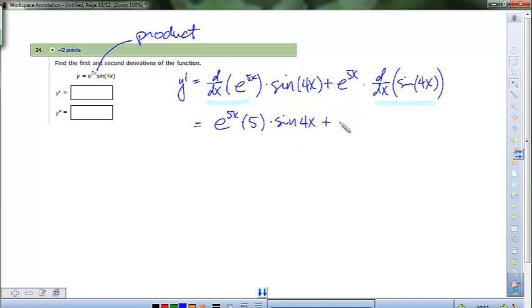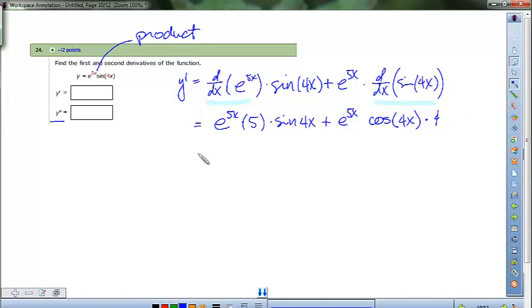And then here we have just a regular e to the 5x times the derivative of sine 4x. And the derivative of sine of something is cosine of something times the derivative of something. So you would normally leave your answer like this, but they're asking us to find the second derivative.